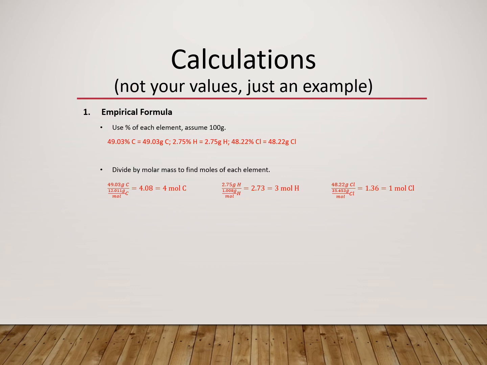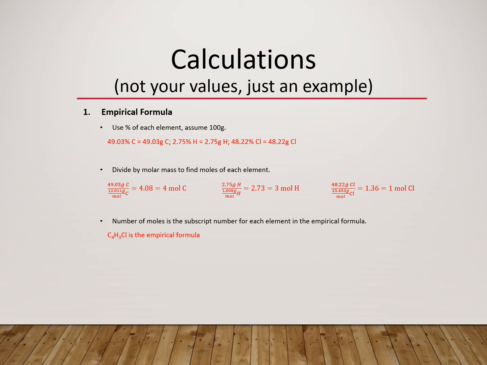So we have 49% of carbon in the sample for this example, so that can correspond to 49 grams. We're dividing that by the molar mass, and we get about 4 moles of carbon. So the number of moles corresponds to the subscript in the formula.